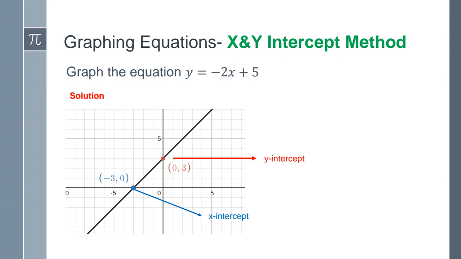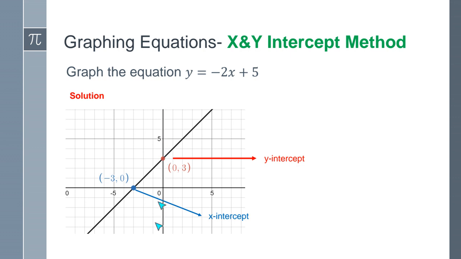So what are x and y intercepts? The intercepts are where the graph crosses the x-axis and where the graph crosses the y-axis. In this example, -3, 0 is called an x-intercept because it's crossing the x-axis. And 0, 3 is called the y-intercept because it's crossing the y-axis.